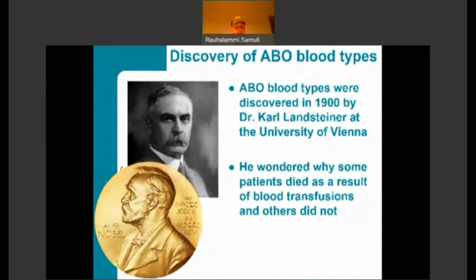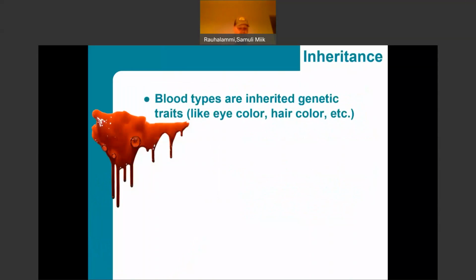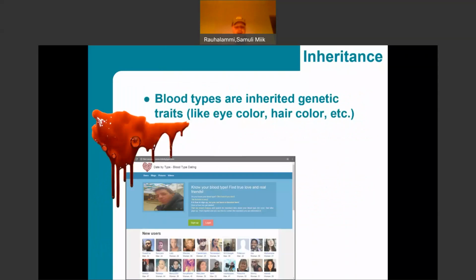One thing that we have to keep at the forefront of our minds is that blood types are inherited genetic traits. So your mother and father will contribute to what blood type you are. And this makes me think of this whole concept of dating based on your blood again. I find it very peculiar, but maybe that's what's throwing some people off.